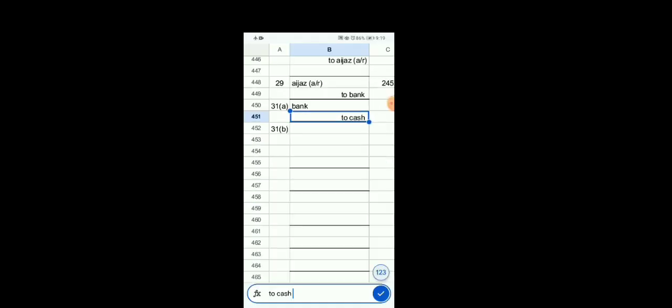How much amount is deposited into the bank? That is, one second, 31st entry was having two parts. First part was paid salaries. Okay, what we will do, this is 31st b part.